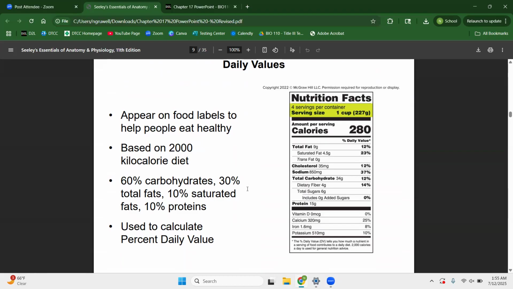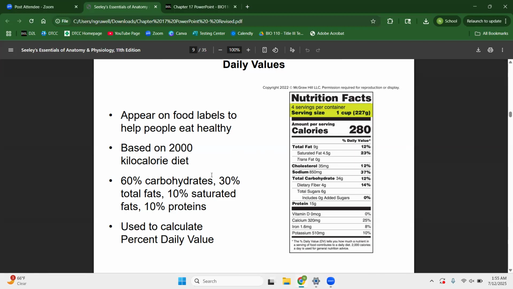The generally accepted breakdown of this is about 60% carbs, 30% fats, 10% saturated fats, and 10% proteins. If you're adding those numbers up, you're going to get 110%, but that's because out of that 30% of total fats, only 10% should be saturated. So that's kind of double dipping.